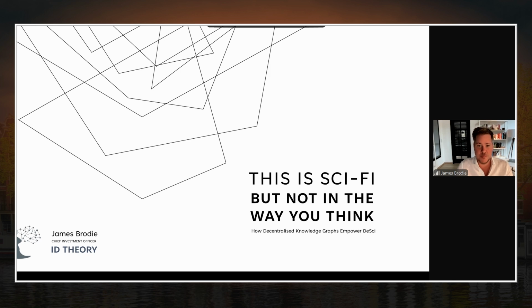It does this by connecting researchers to data and allowing AI to run over the top, and all of this is done in a decentralized system. In short, we're leveraging DKGs, decentralized knowledge graphs, for serendipitous discoveries.